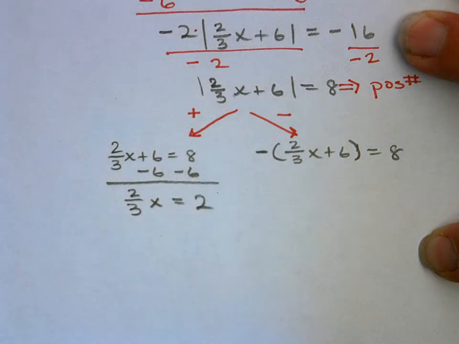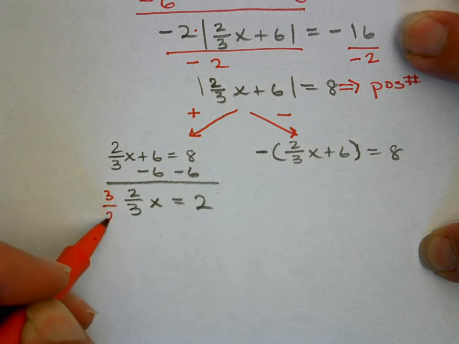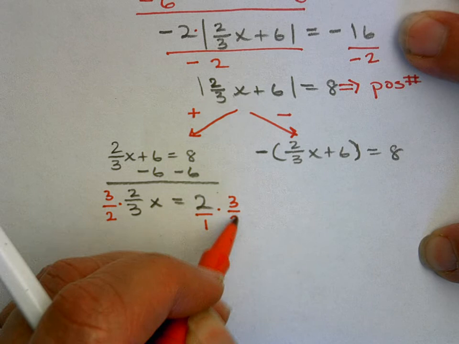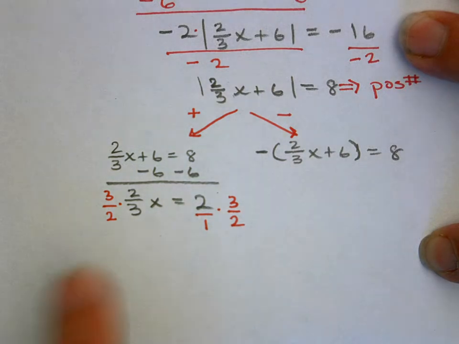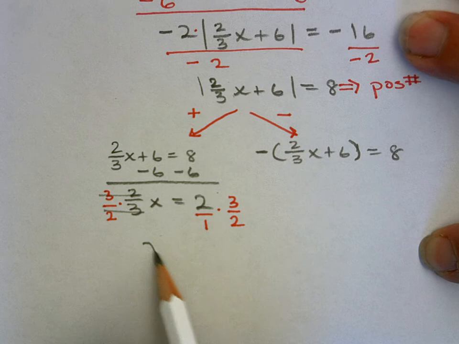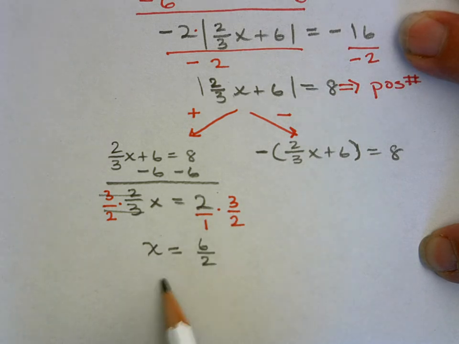And then now I want to get rid of the 2/3, so I'm going to multiply by the reciprocal, right? So I'm going to put this over 1, since I'm going to multiply by a fraction. So all I did was multiply by the reciprocal, so I would get 6 divided by 6, which is 1. And then here, straight across, so 6 divided by 2, which is 3.